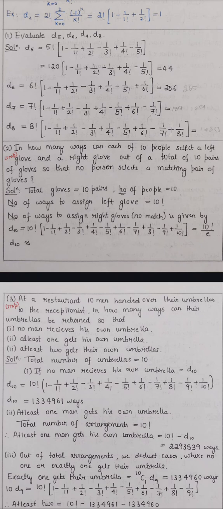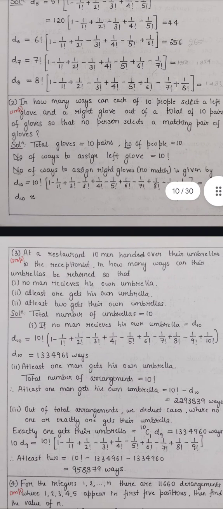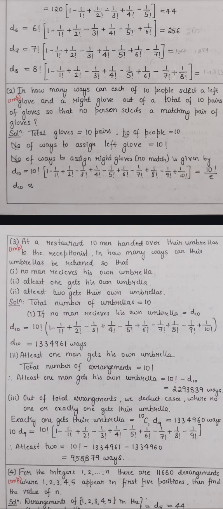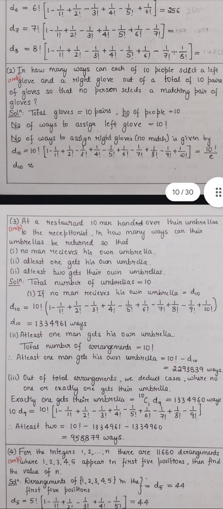The number of ways to assign the left glove is 10 factorial, and then the number of ways to assign the right glove, which shouldn't be the same match. Left glove will be the same but right glove will be different, or else right glove is the same and left glove is different. So one will be the same, so that's why we took it as 10 factorial. The other one is different, so we do the derangement d10.